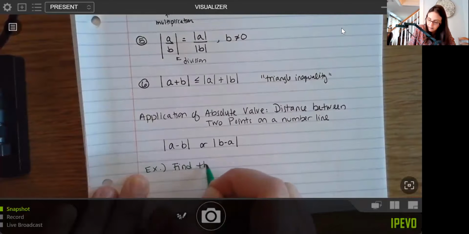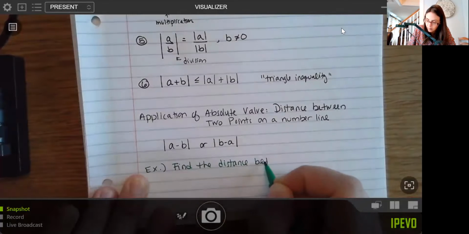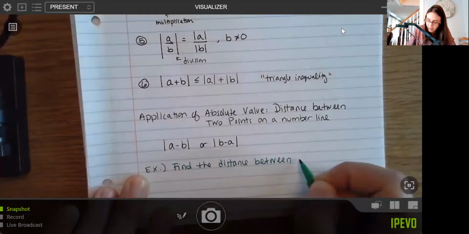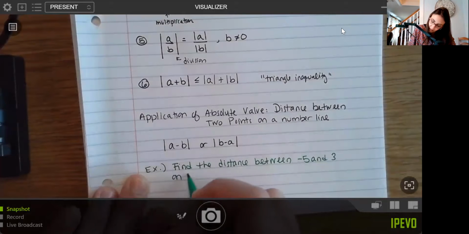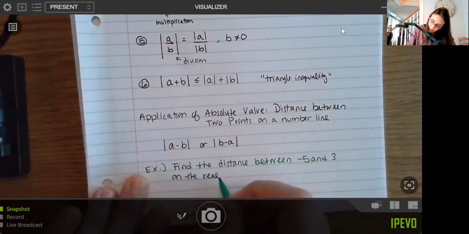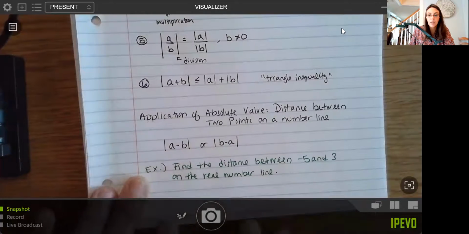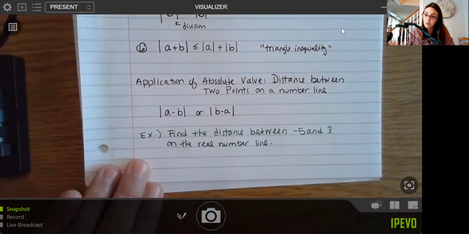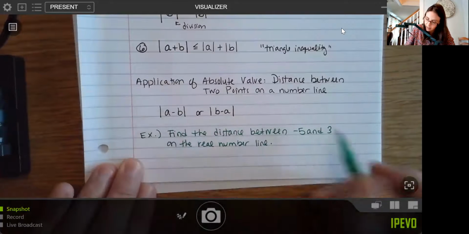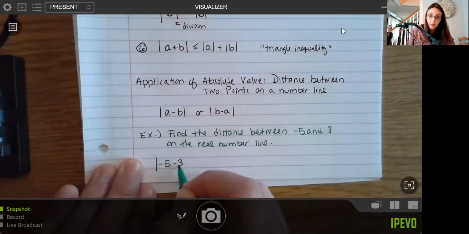Find the distance between -5 and 3 on the real number line. So using the formulas there, you're just going to subtract these values and take the absolute value. And it doesn't matter the order you do it in. So for instance, let's say I take the -5 first and then subtract 3.